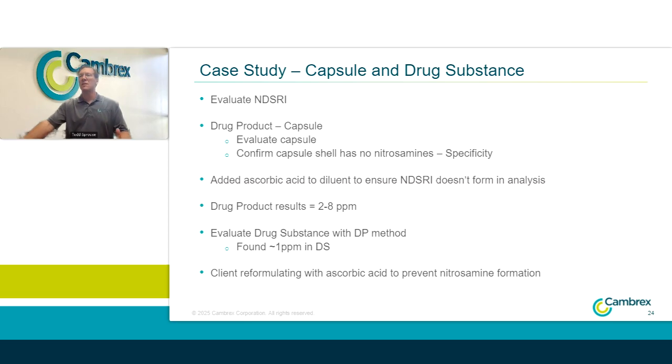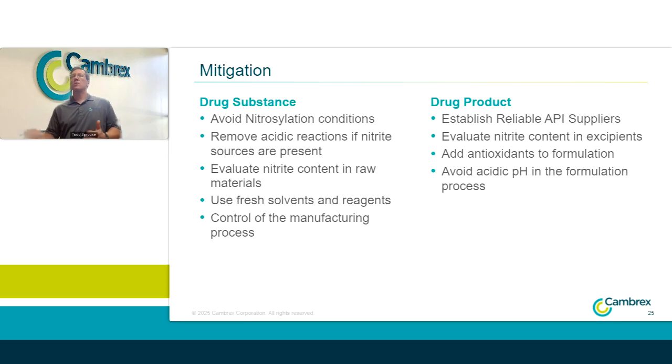And so again, with the high levels and the concern for the nitrosamine formation, they're evaluating potential formulations with ascorbic acid to prevent that nitrosamine formation while on stability. So we found that you have this issue, and again, maybe it's higher than you want it to be, and even potentially above current nitrosamine limits or expected limits for your drug product.